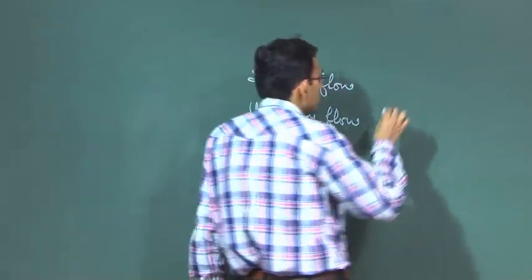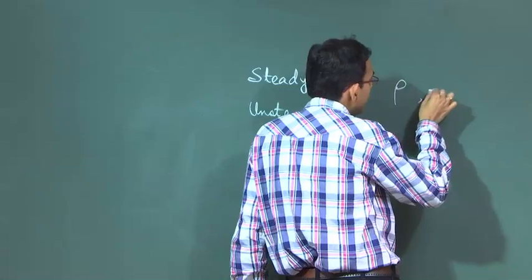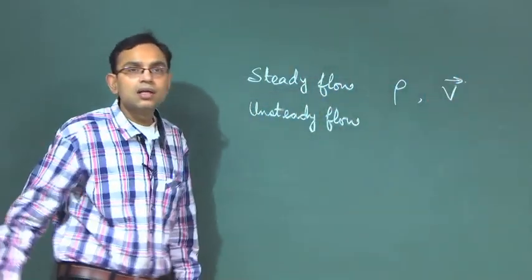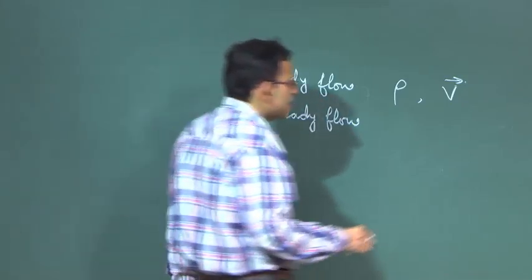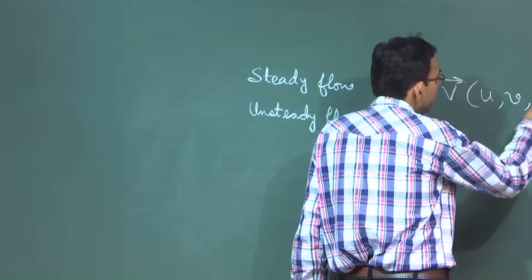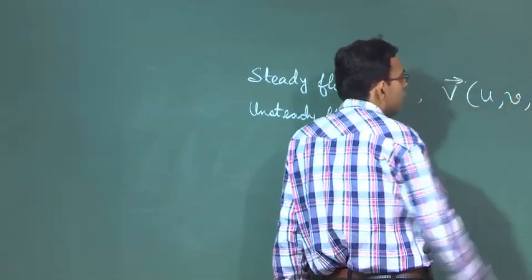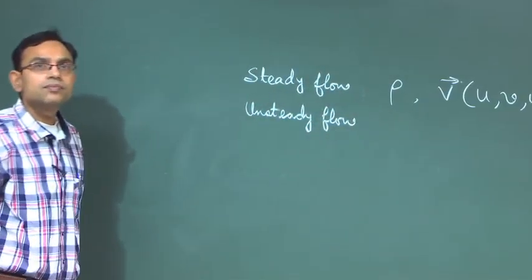For example, one of the fluid properties may be density or any other fluid property, or velocity at a given location is not changing with time. So, the velocity classically is given by its three components u, v, w. u is the x component of velocity, v is the y component of velocity, and w is the z component of velocity.